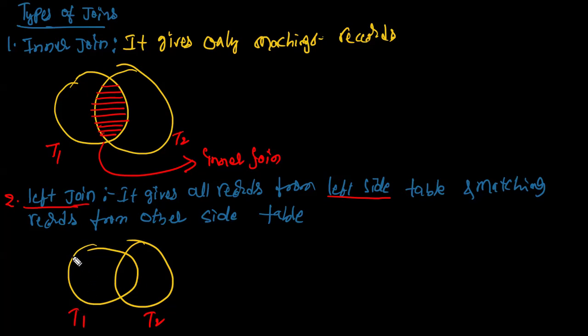All records from the left side table and matching records from the other side table. Apart from the matching records, these records also you're going to get. So this is the left join.